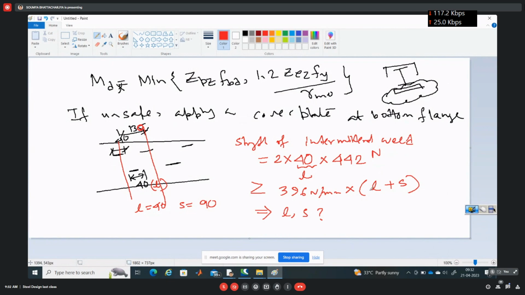So if you put L equal to 40 here, what is the value of S coming? Can you check what is the value of S coming?